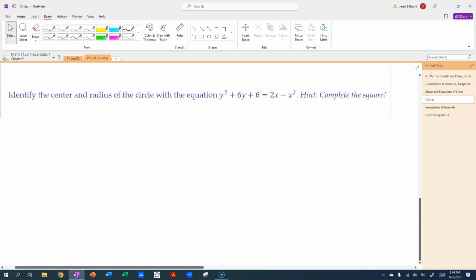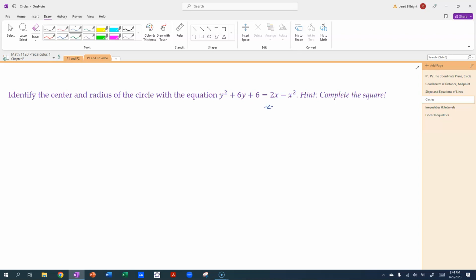This one is fun. We have to identify the center and the radius of this circle. It doesn't look like the h, k, and r squared form. It says hint: complete the square. We might need to look up a YouTube video if we don't remember how to complete the square. The idea I always suggest is get all the variables on one side, all the non-variables on the other.